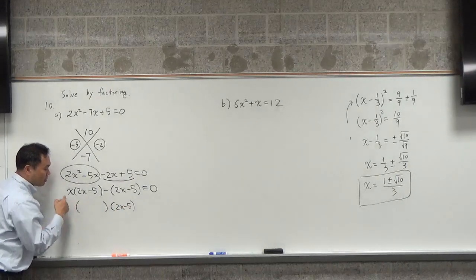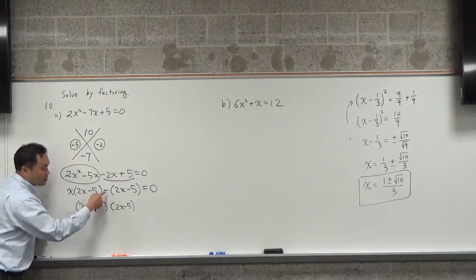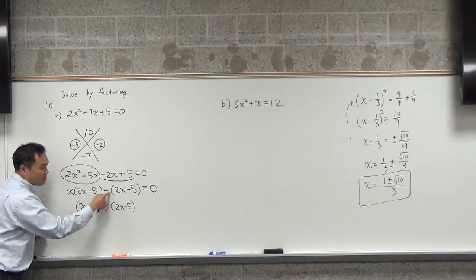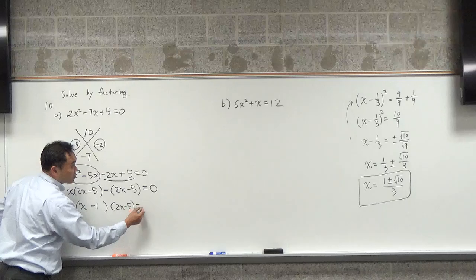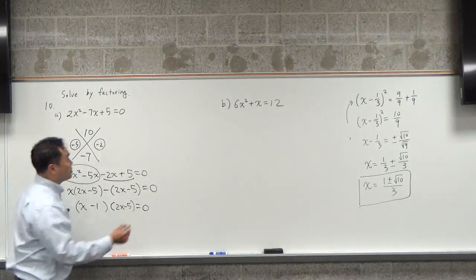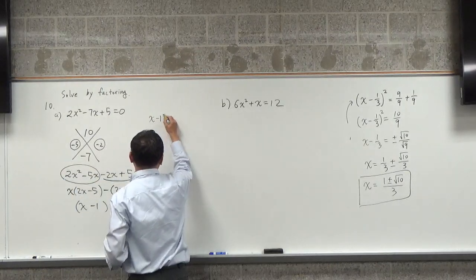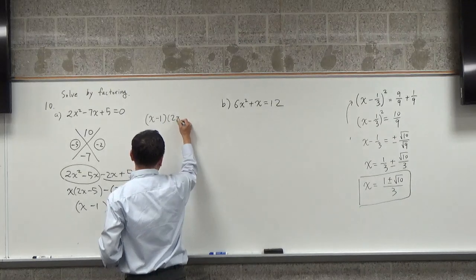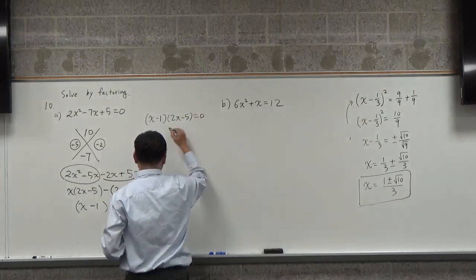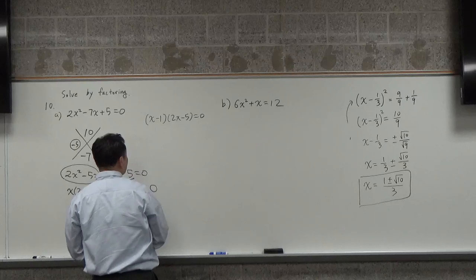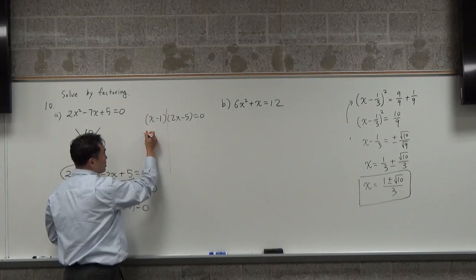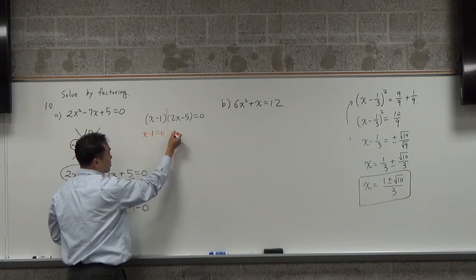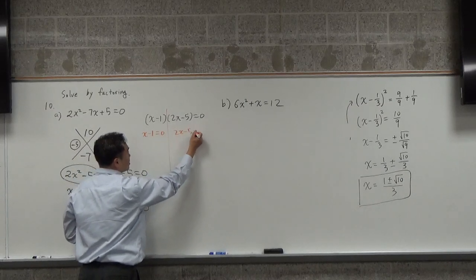And that leaves you with x from the first group. And there's an invisible 1 there, so it's minus 1 from the second group. So that's what you get. Now, when you solve x minus 1 times 2x minus 5 equals 0, you have to use the zero factor property, which means at least one of these factors has to be 0.